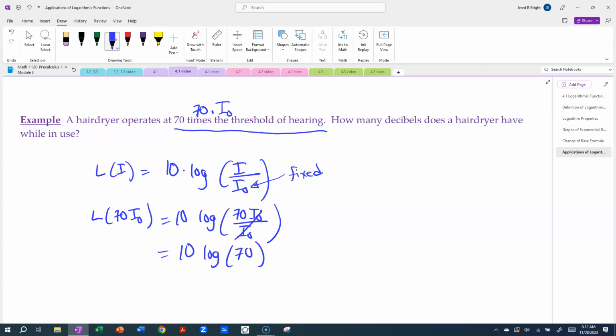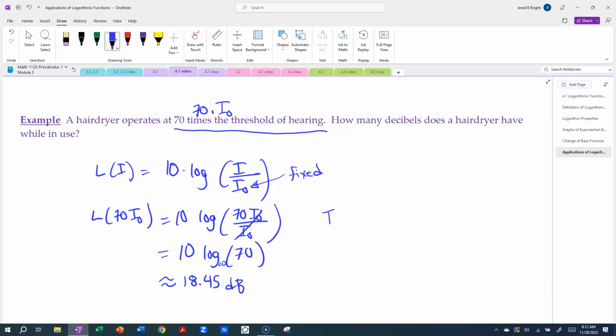That you could certainly punch into a calculator. This is log base 10. I can't simplify this one because the inside is not an exponential expression with base 10. But if I punch that into my calculator and approximate this, I get about 18.45, and this would have the units of decibels on it.